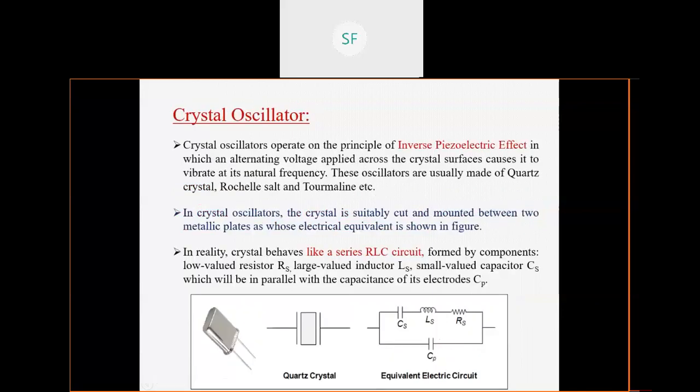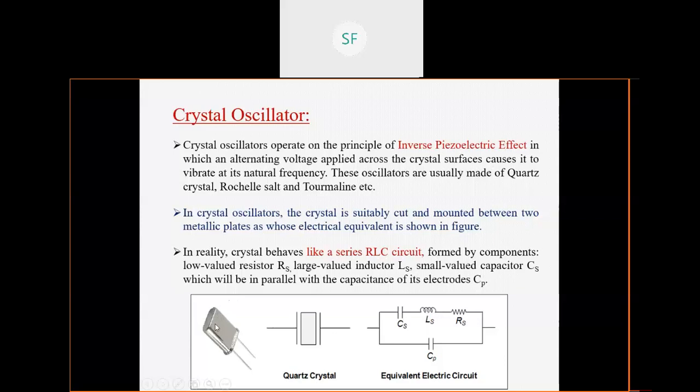In crystal oscillators, the crystal is suitably cut and mounted between two metallic plates. This is how a crystal oscillator practically looks like. If you have observed the microprocessor board, microcontroller board or Arduino board, a crystal oscillator is used there.